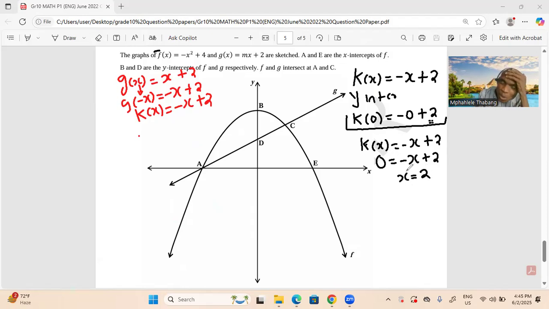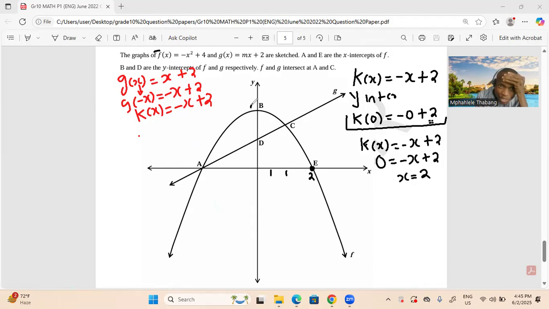The y-intercept is 2 and the x-intercept is 2. The coordinates of E were 2, so my 2 is here. And the y-intercept is 2.